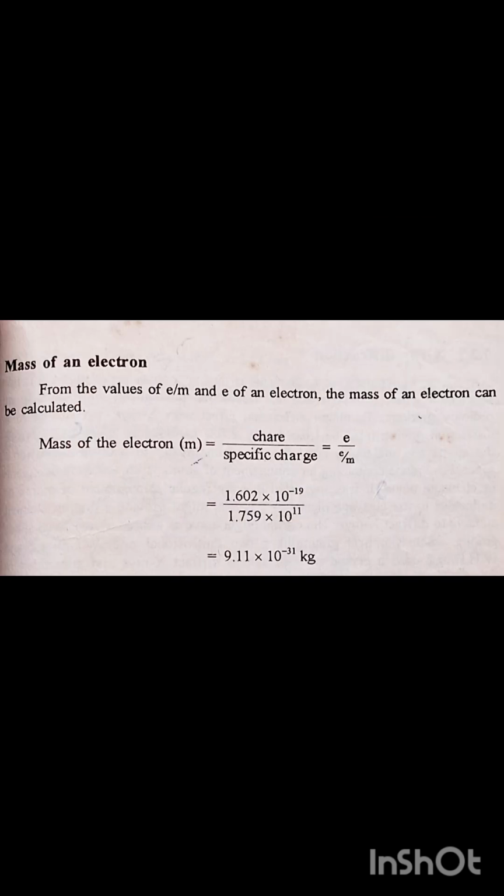The charge of an electron was found to be 1.602 into 10 power minus 19 coulomb.